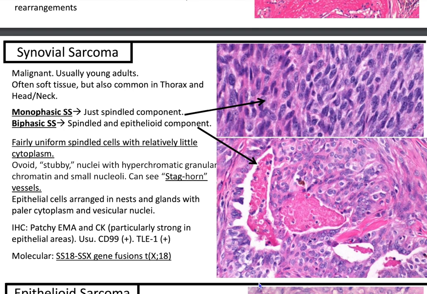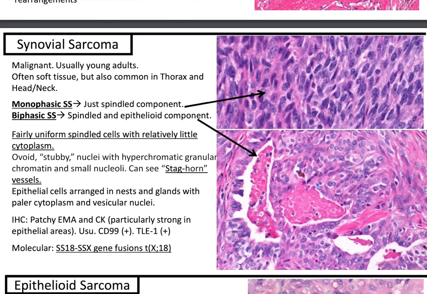You can see your staghorn vessels, and you'll see epithelial cells arranged in nests and glands with paler cytoplasm and vesicular nuclei for your biphasic synovial sarcoma. IHC, it'll have patchy EMA and CK, usually CD99 positive and TLE1 positive. Molecularly, it's defined by an SS18-SSX gene fusion.